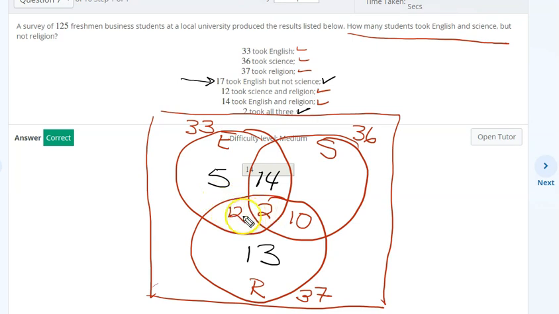That adds up to 19. So what would this be if I subtract 19 from 33? And the answer is 14. So, how many students took English and, this is the intersection, science, which is right there, 14. All right, this one was a challenge.